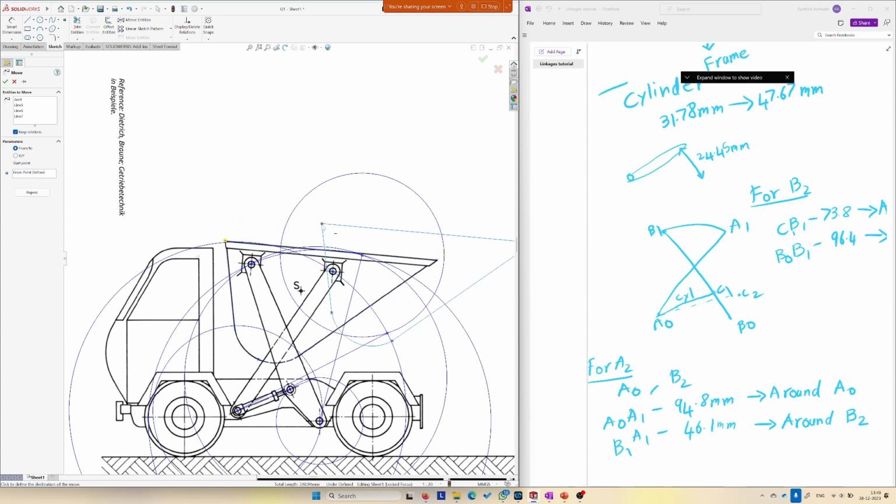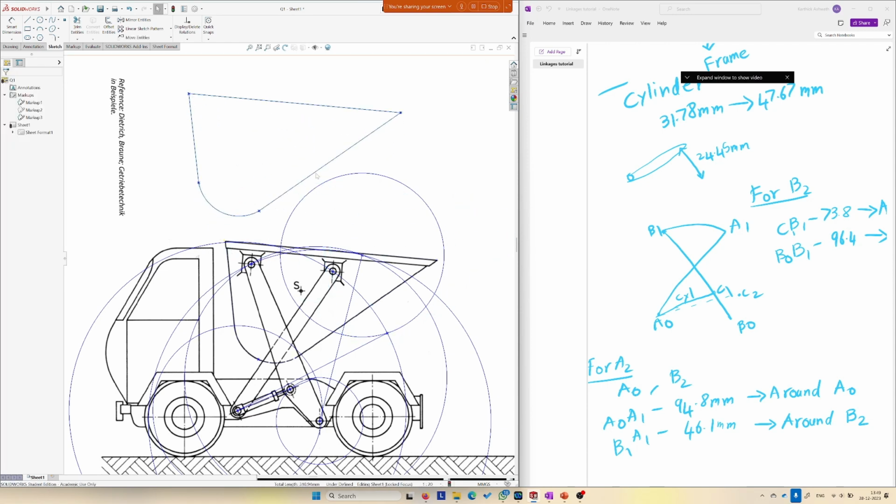I need to rotate it as well. I think that doesn't work.